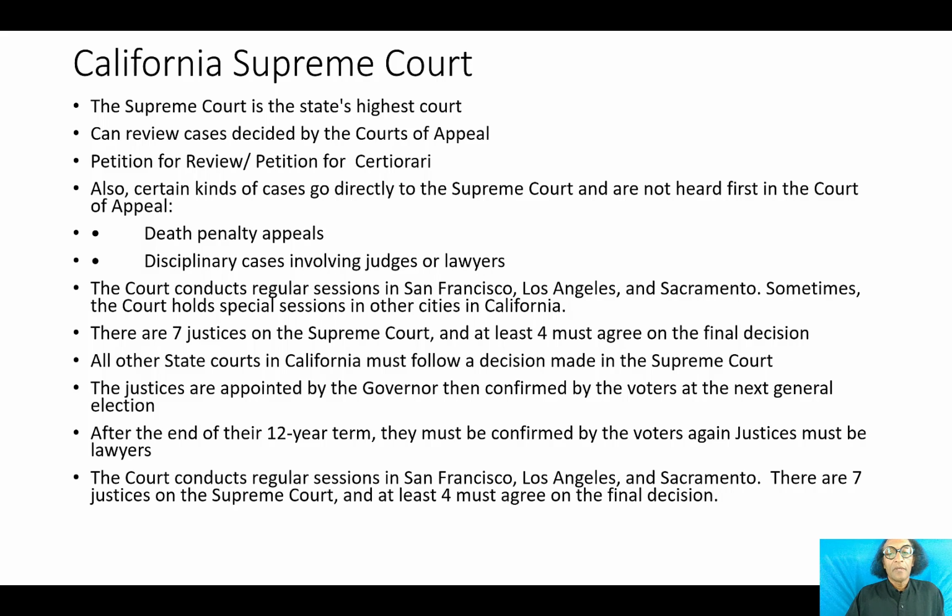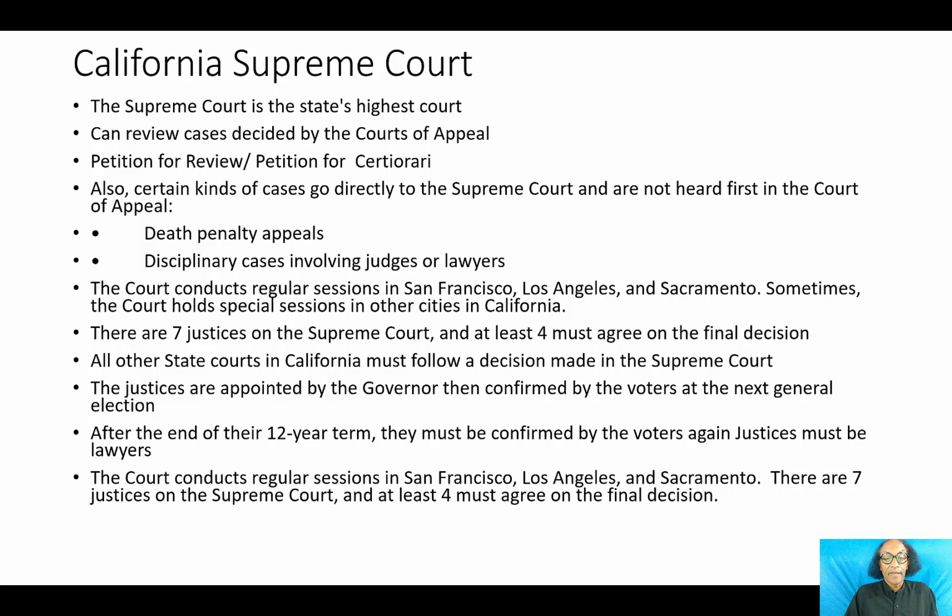Now, there are certain kinds of cases that go directly to the California Supreme Court on appeal without being heard first by the courts of appeal. These are basically death penalty appeals and disciplinary cases involving judges or lawyers.